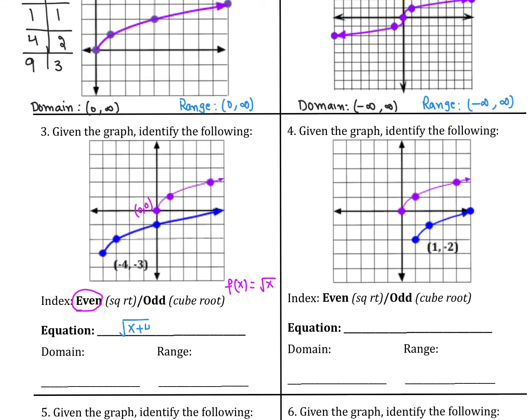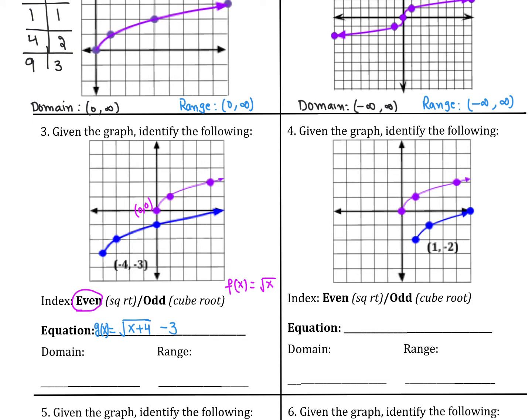So the translated graph, the blue graph, is moved 4 units to the left and 3 units down. The equation of the graph looks like g(x) equals square root of x plus 4, minus 3.